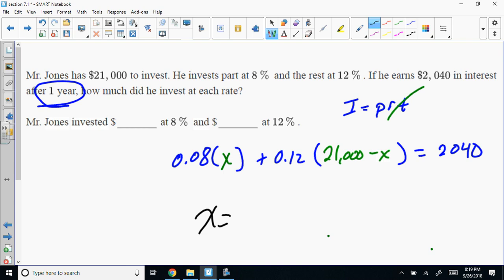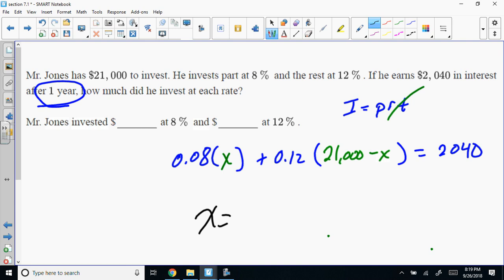$63. No, can't be. That can't be right. What'd y'all get? Can't be 63,000. I've done something wrong. Oh, I know what it was. Sorry. 2520 minus 2040 divided by 0.04.